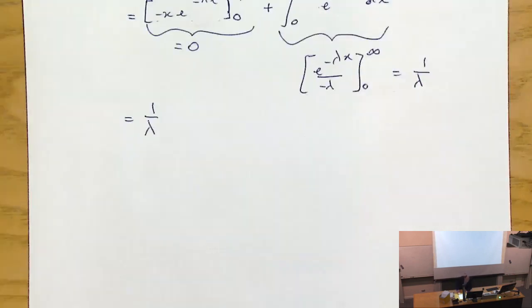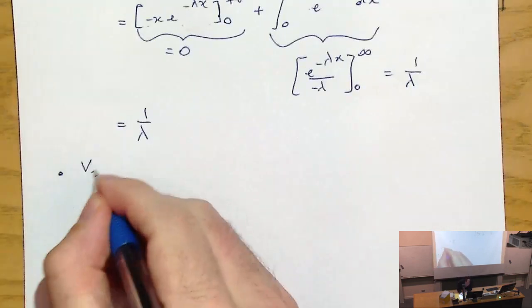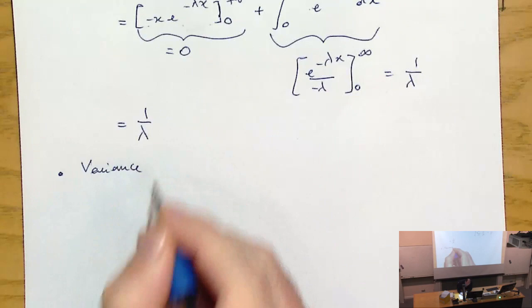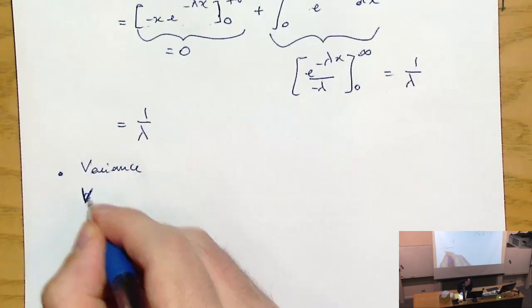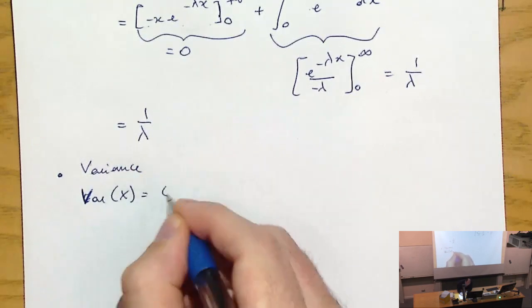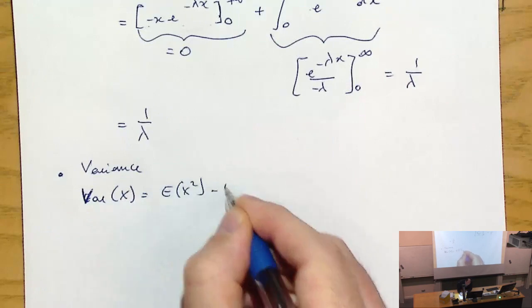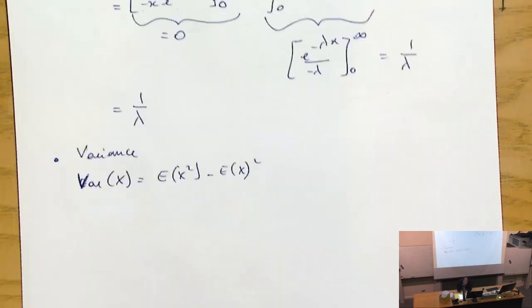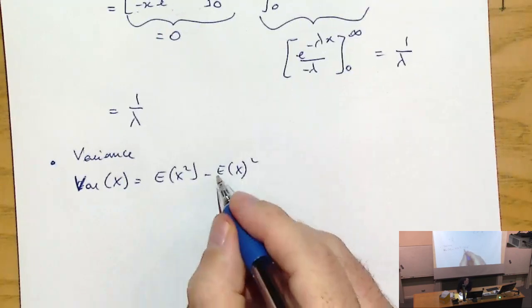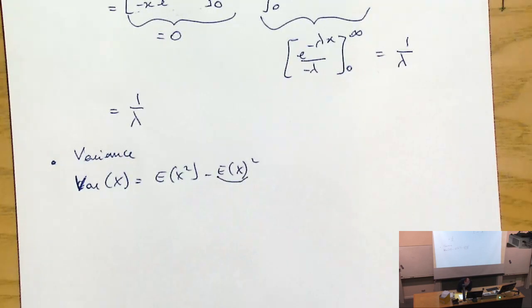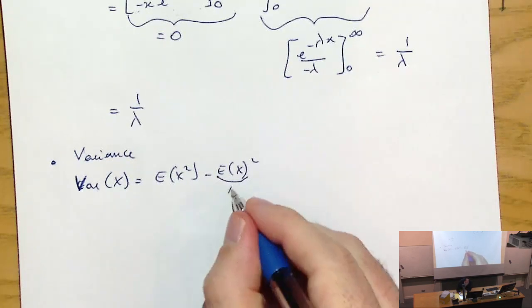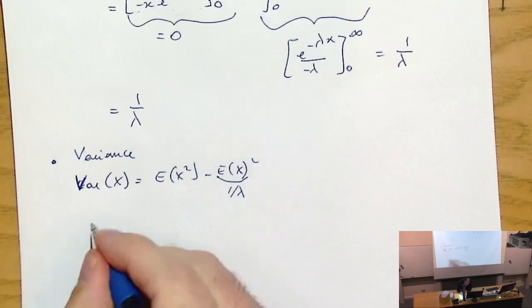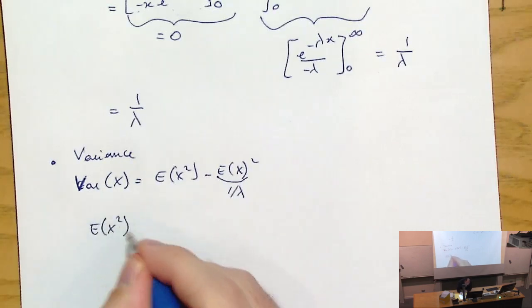Okay, let's look at the variance. So the variance of x is the expectation of x squared minus the square of the expectation. This one we know already, this is 1 over lambda. What is the expectation of x squared?